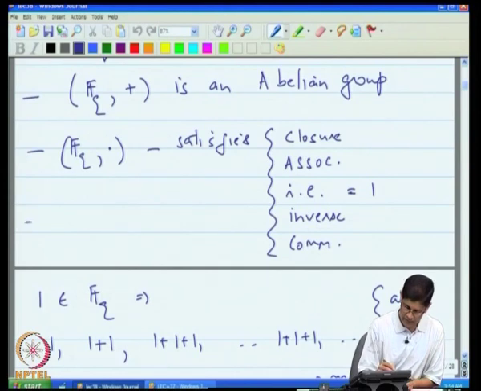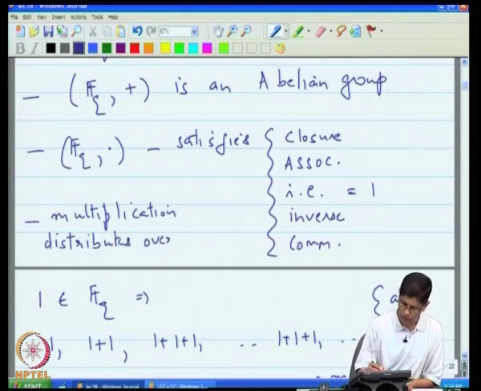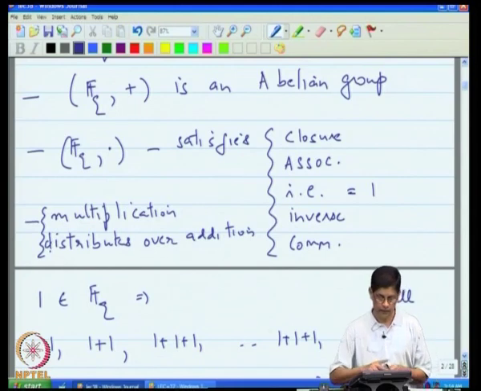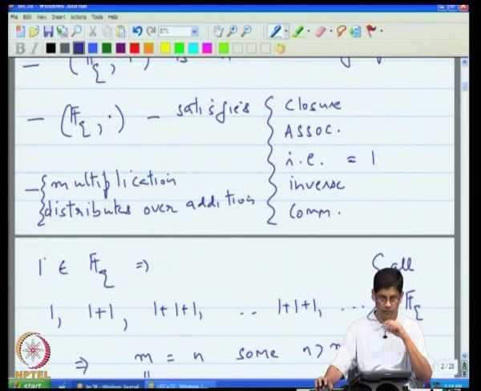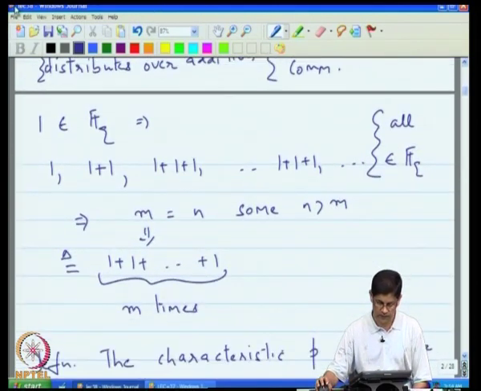And in addition, we have that multiplication distributes over addition.